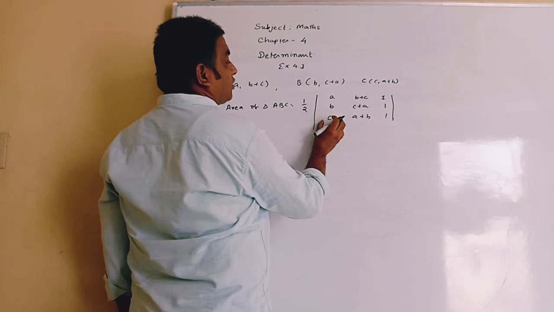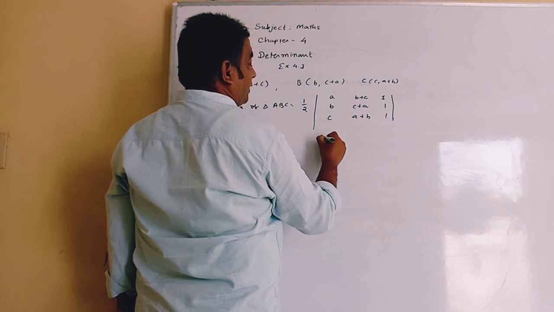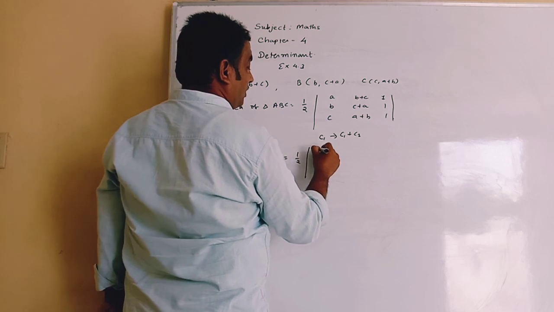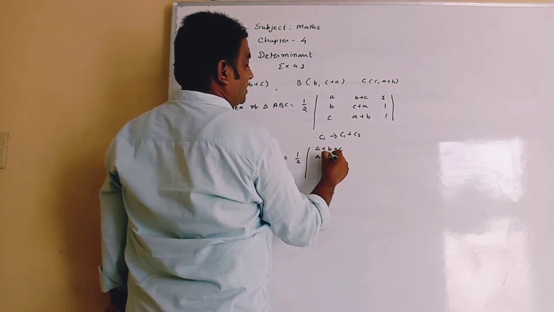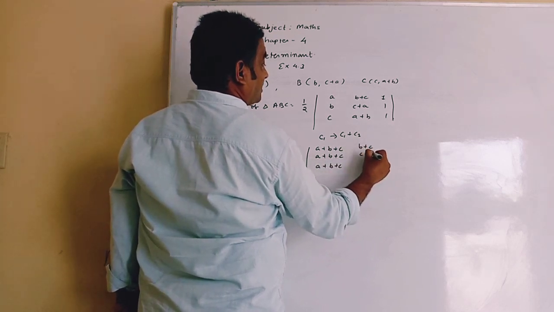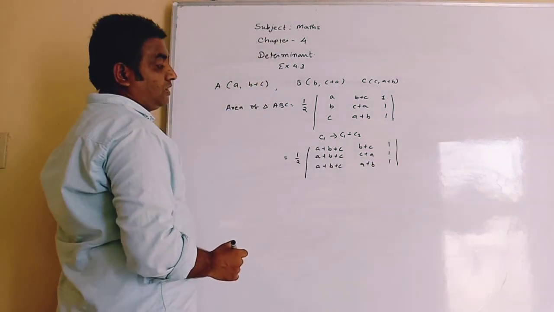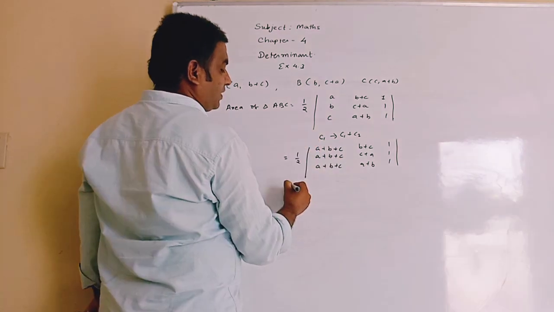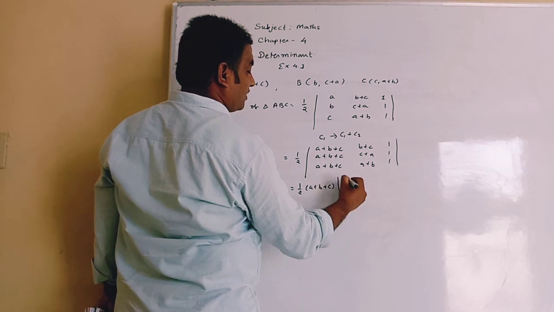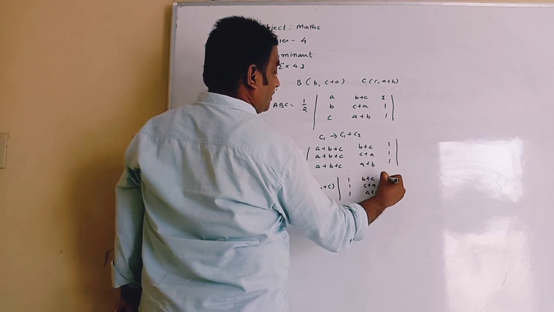Here the first column we add into the second column, means C1 transforms into C1 plus C2. We will get 1 by 2 into the determinant with first column a plus b plus c, a plus b plus c, a plus b plus c, and the other columns b plus c, c plus a, a plus b, and 1 1 1. So from the first column a plus b plus c we take out common, then 1 by 2 (a plus b plus c) into the determinant with columns 1 1 1, b plus c, c plus a, a plus b, and 1 1 1.